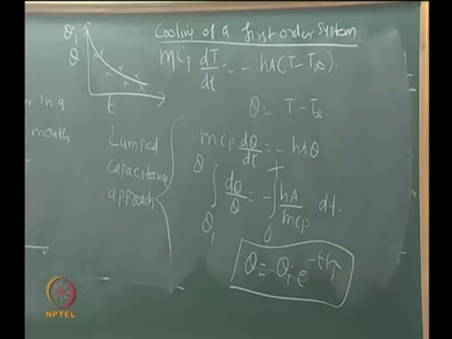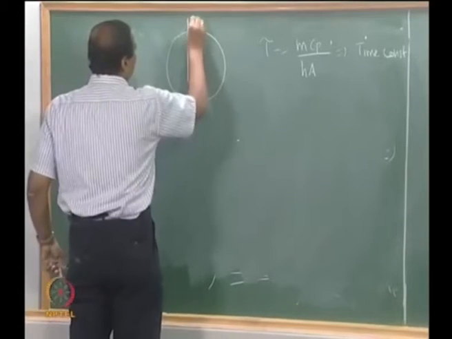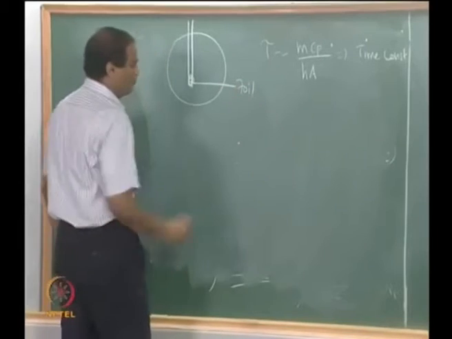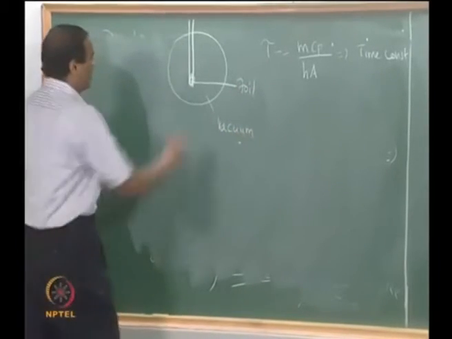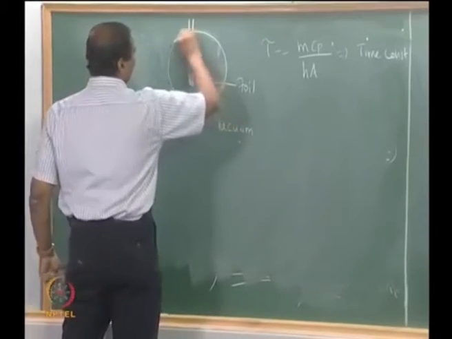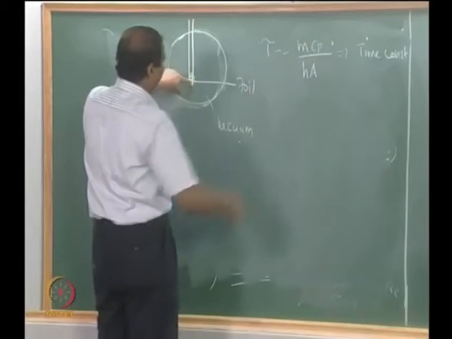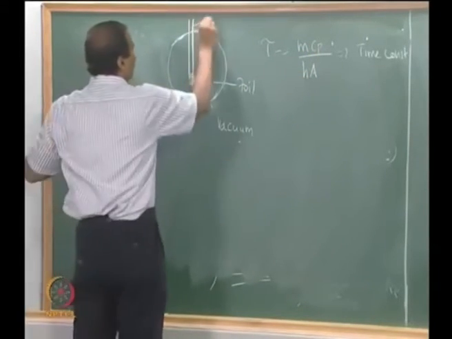Now I can make it a little more interesting. Suppose I have a dome like this. I can have a foil, I can have vacuum, I can heat it, and this is the MCP, A, everything of the foil is known. Here I can measure the temperature.